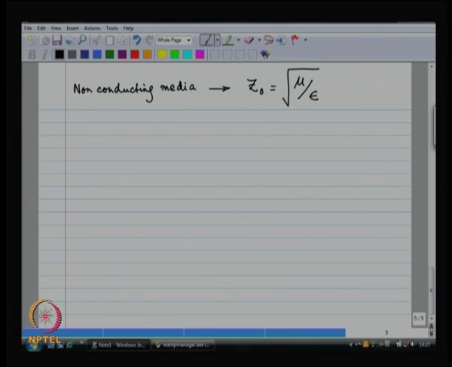If it is a non-conducting medium like the atmosphere, it does not conduct current charge, then the characteristic impedance is square root of mu by epsilon.